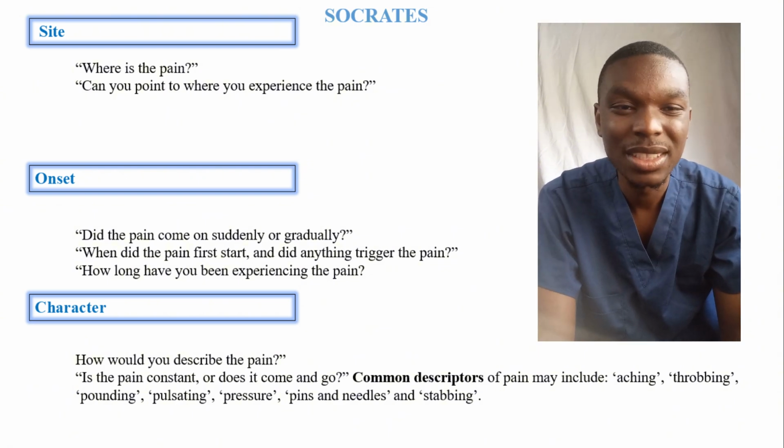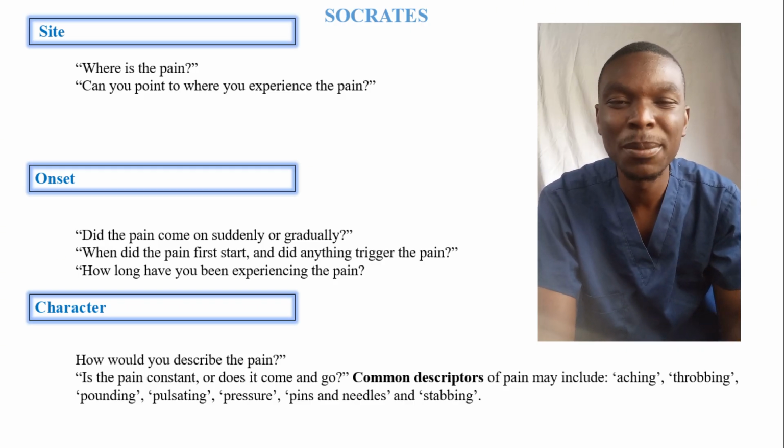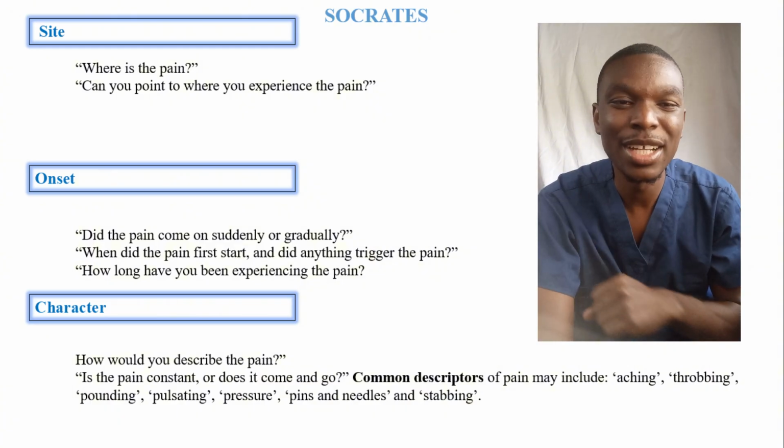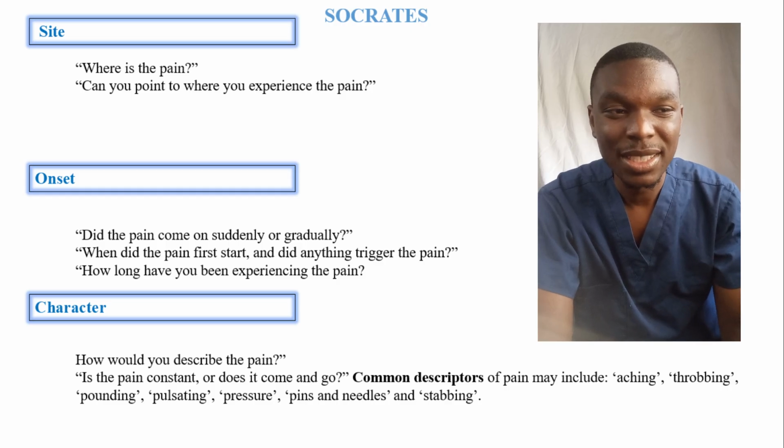When asked, can you describe this chest pain that you're feeling, the patient tells you, I know it's a pressure pain or it's a stabbing kind of pain. Every type of description will give you a picture of the kind of cause of this pain.